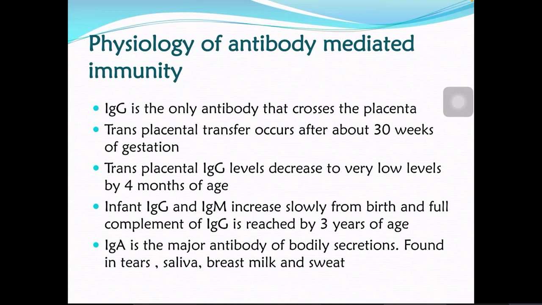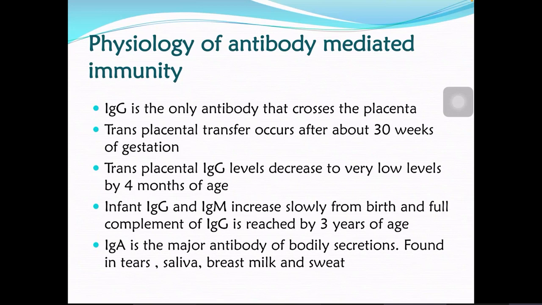So, the more preterm the baby, the less maternal immunoglobulin is likely to be transferred to the fetus, and I'm sure you know that preterm babies are at risk of sepsis for this reason. Now, whatever goes through the placenta will start to decrease, and the maternal immunoglobulins received through the placenta will go down to very low levels by about 4 months of age in the infant.